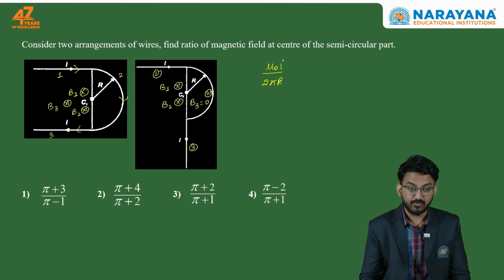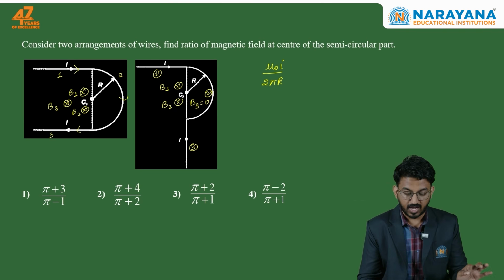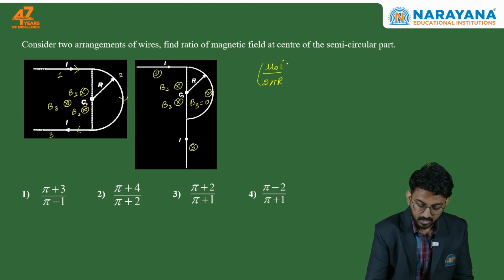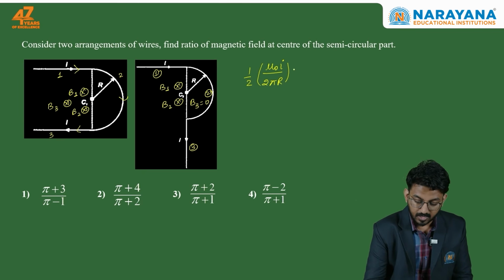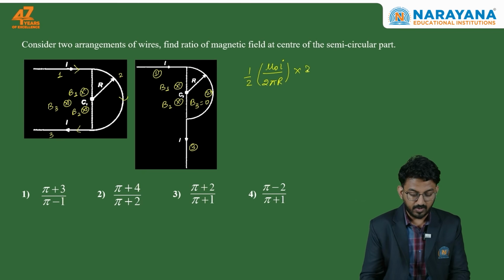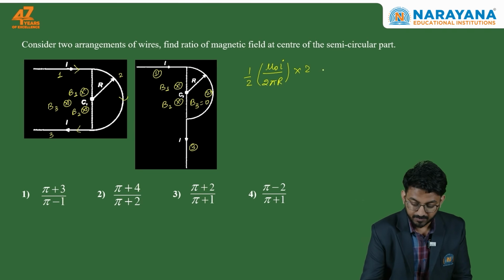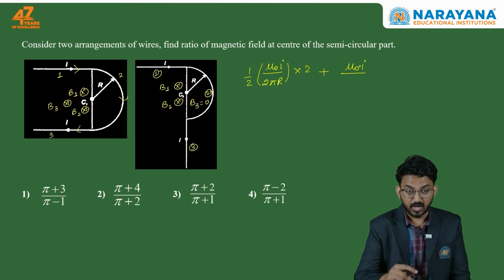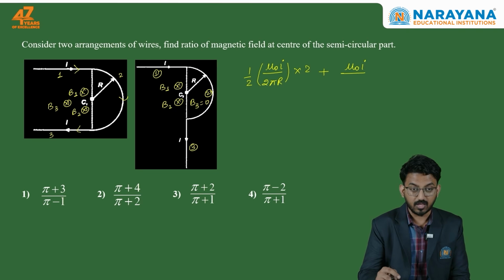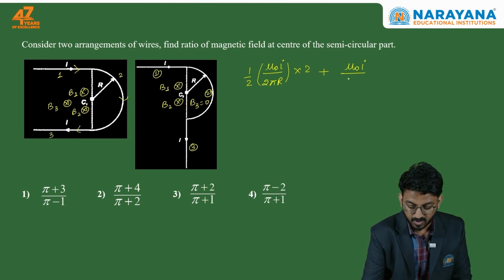Now this is the magnetic field of the entire straight wire if it is infinitely long. So I have to do half of that because we have semi-infinite wires, and then again twice because B1 and B3 combined is going to be semi-infinite twice because of that, plus because of circular wire it's going to be mu naught I divided by, for entire circle the formula is mu naught I by 2r. In this case for the half circle it is going to be 4r.